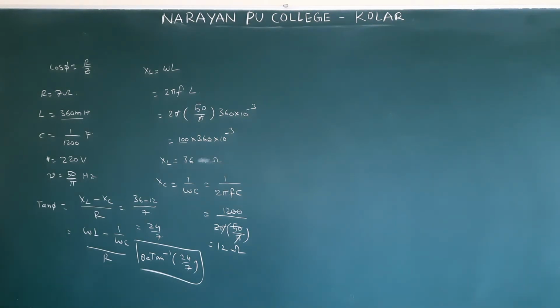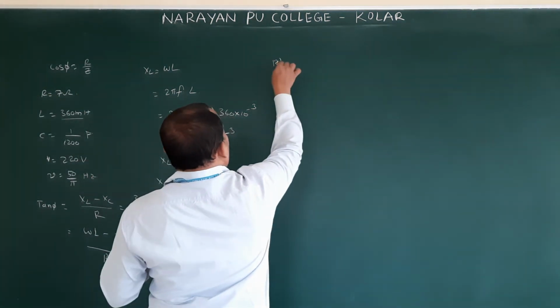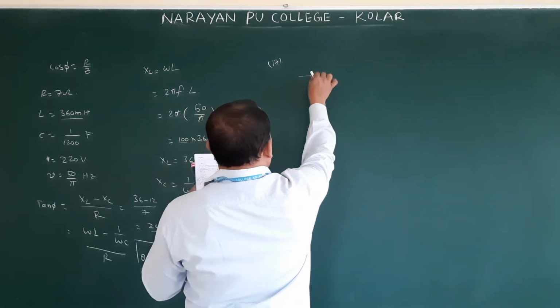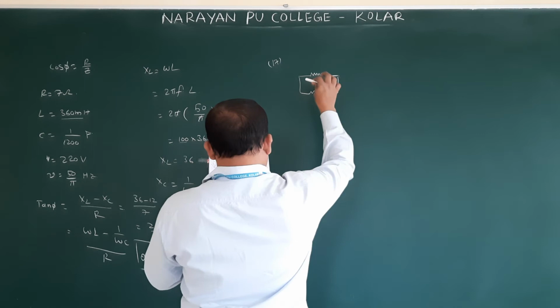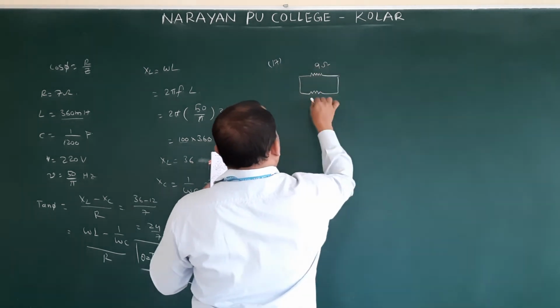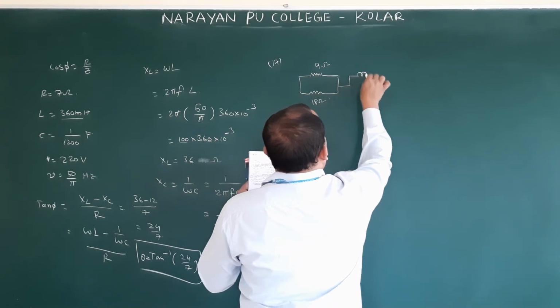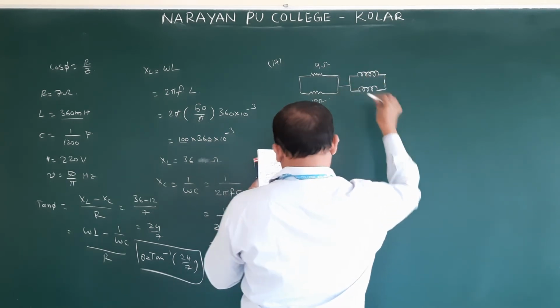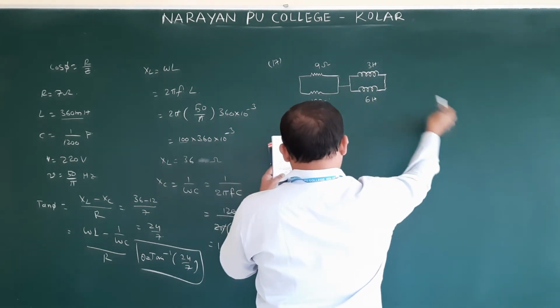Next, question number 17. Question number 17 is again on a circuit diagram. So don't worry by seeing big circuit diagrams. Circuit diagrams will be large, but the answer will be very simple. So this is 9 ohms. This is 18 ohms. Next one, 3 henry, 6 henry.